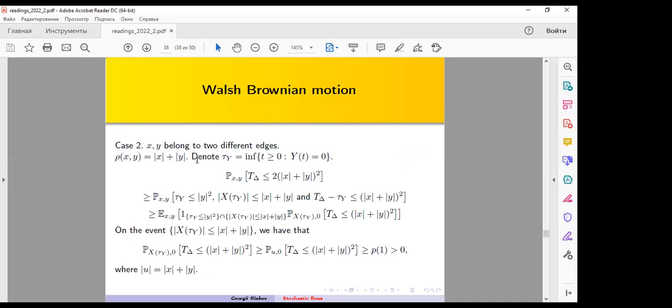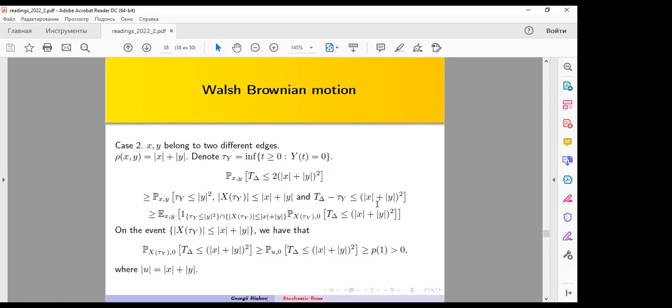So second case, when starting points belong to different edges. In this case, the distance between them is the sum of absolute values. Denote by tau_y the time when y hits zero, and we can estimate the probability of meeting as follows. We estimate from below by the probability that y hits zero before time y squared. At this time, x is at a distance x plus y from zero, and they coalesce before time (x plus y) squared.